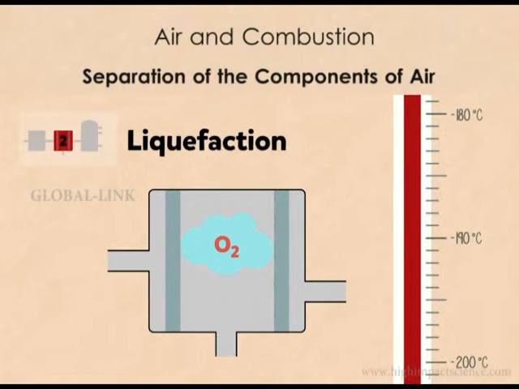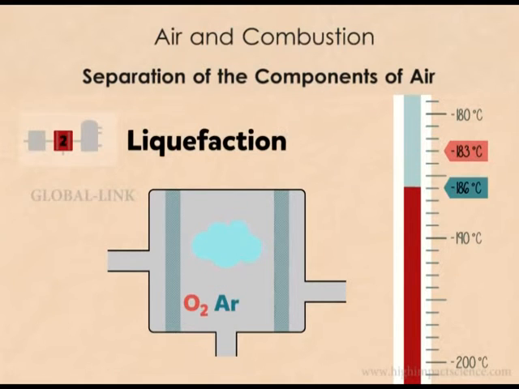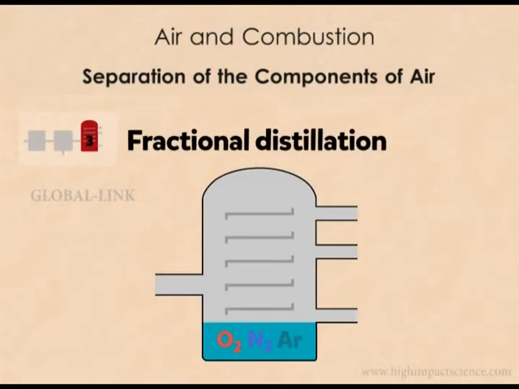The oxygen liquefies at negative 183 degrees Celsius, argon at negative 186 degrees Celsius, and nitrogen liquefies at negative 196 degrees Celsius. The liquid nitrogen, argon, and oxygen are then separated by fractional distillation.